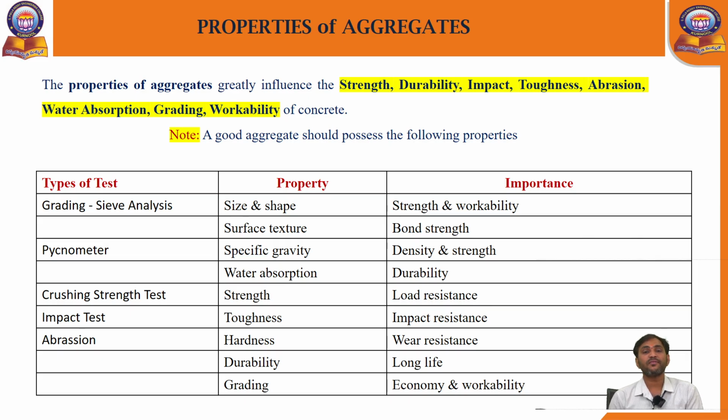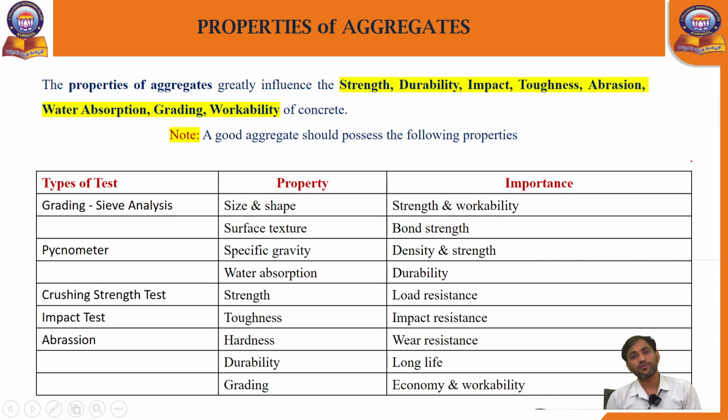Now, coming to the properties, the main important zone. The properties of aggregates greatly influence strength, durability, impact, toughness, abrasion (nothing but wear and tear), water absorption, and grading. Just now I said grading: aggregates will be divided into types of grades, whether well graded, uniform graded, gap graded or poorly graded, depending on this condition.